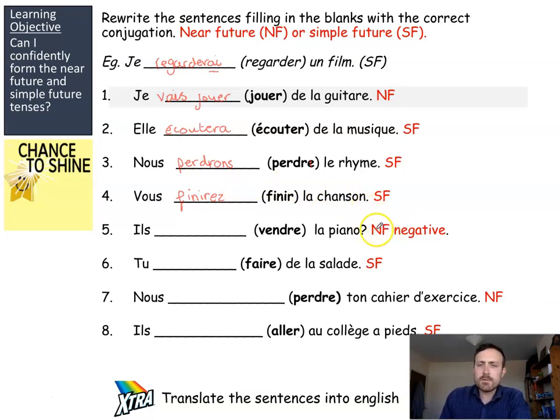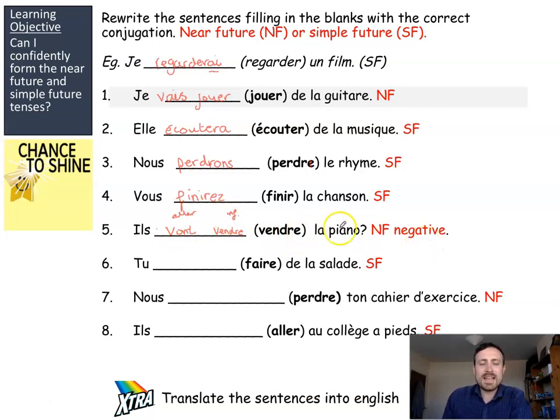Now this one's a negative one, and it's a near future one. We did go through that in an earlier slide. The verb here is vendre, to sell. The subject is ils, they. So we first need our verb aller, but remember this is negative. Let's do the positive structure first: we've got our aller verb here, and we've got our infinitive here.